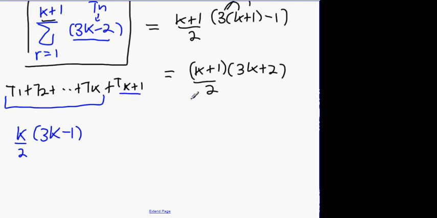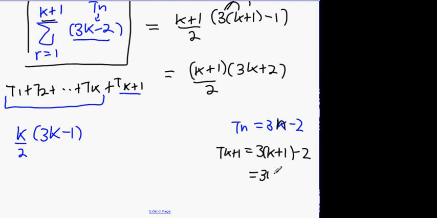The t of k plus 1, remember tn is 3n minus 2. Therefore t of k plus 1 is 3 into k plus 1 minus 2. It's going to be 3k plus 3 minus 2, which is 3k plus 1. That's going to be plus 3k plus 1.